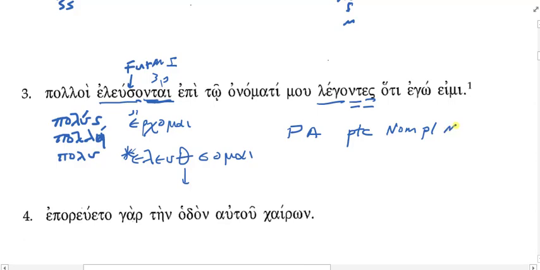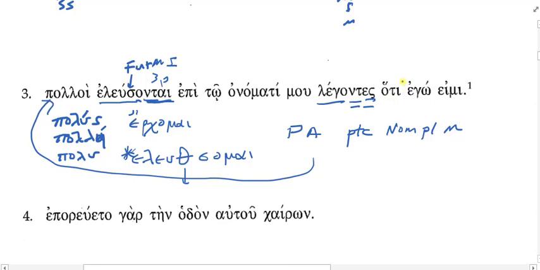Nominative, plural, masculine. That's right. So who's doing the legoing here? The polloi. Yes, the polloi will always be found talking. So many will come speaking. All right? Or saying, in this case.